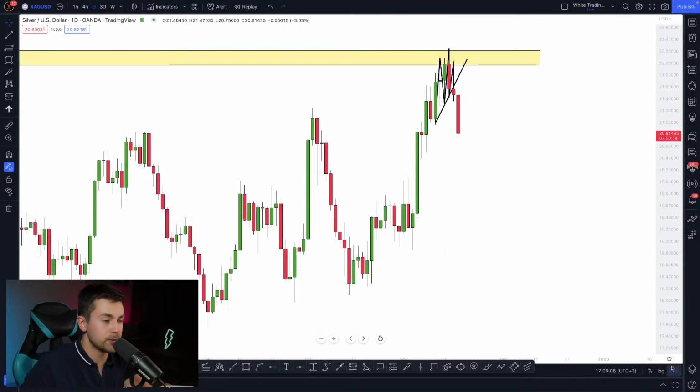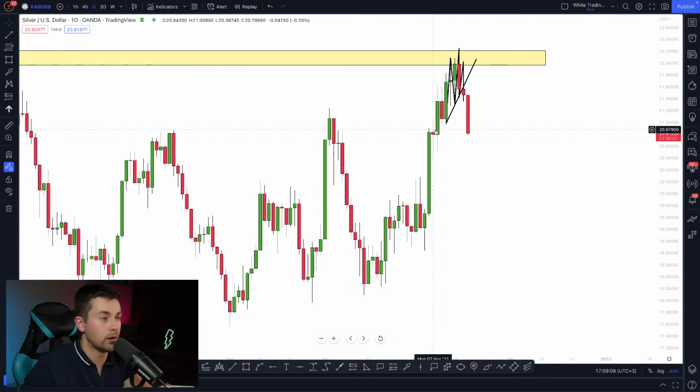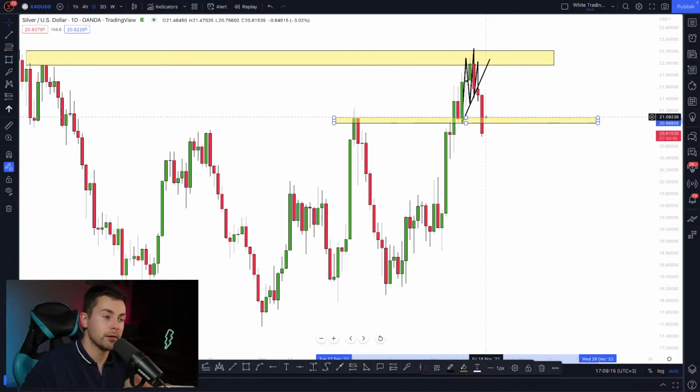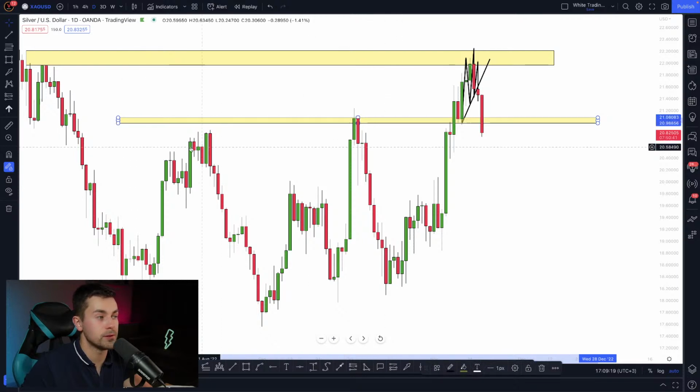And now an important decision is ahead on silver. The fact is that we are currently breaking that key structure. Yes, you can see that in the past it was a key resistance, and then after the breakout it turned into support.